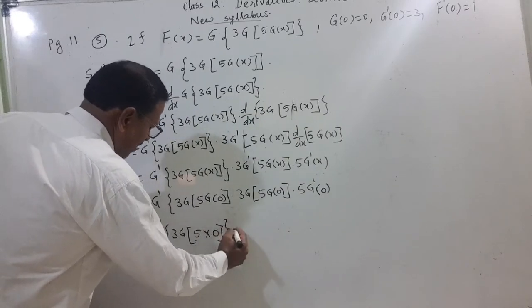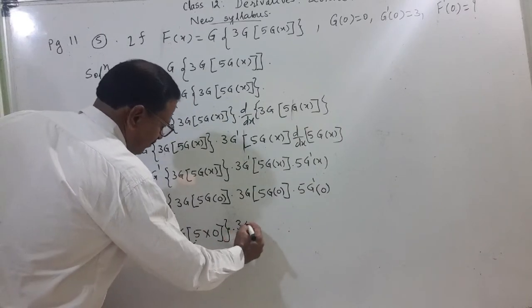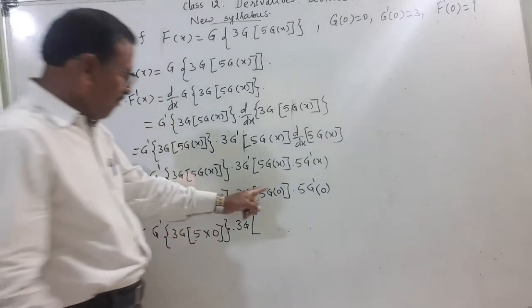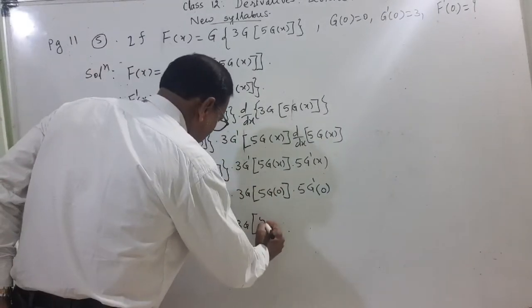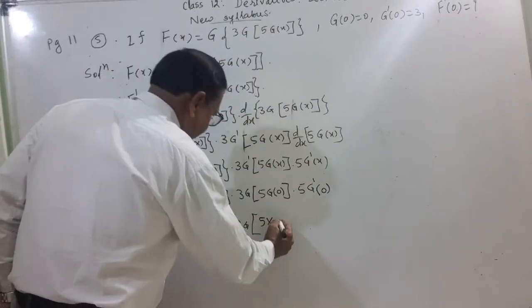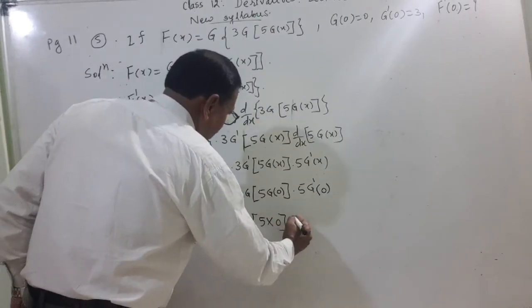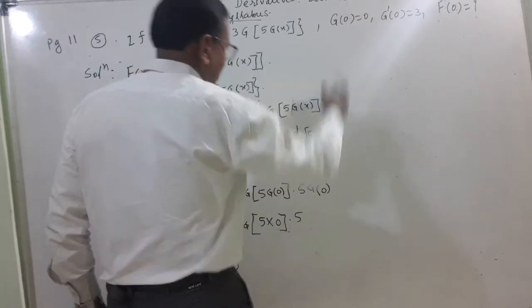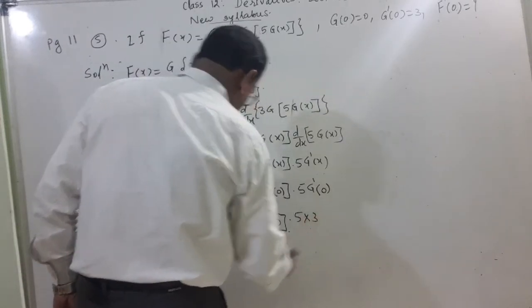Check, this is very important. Into 3g dash of 5 into g of 0, which is 0, into 5 into g dash of 0, which is 3 into 3.